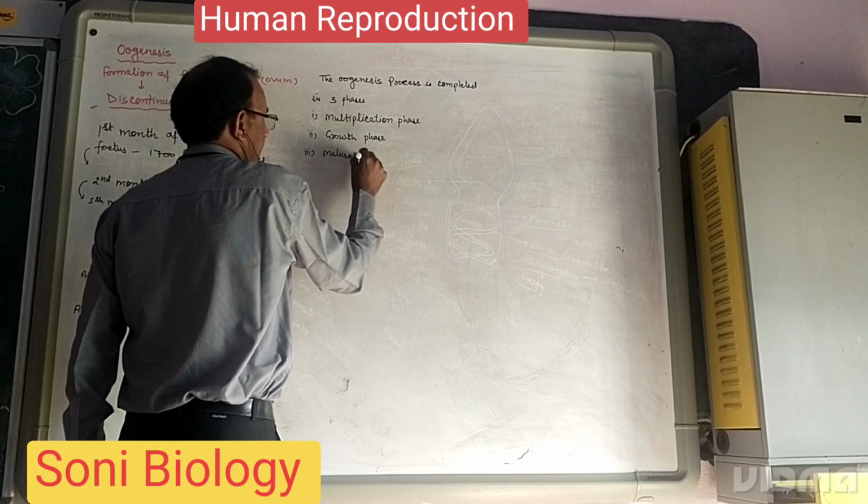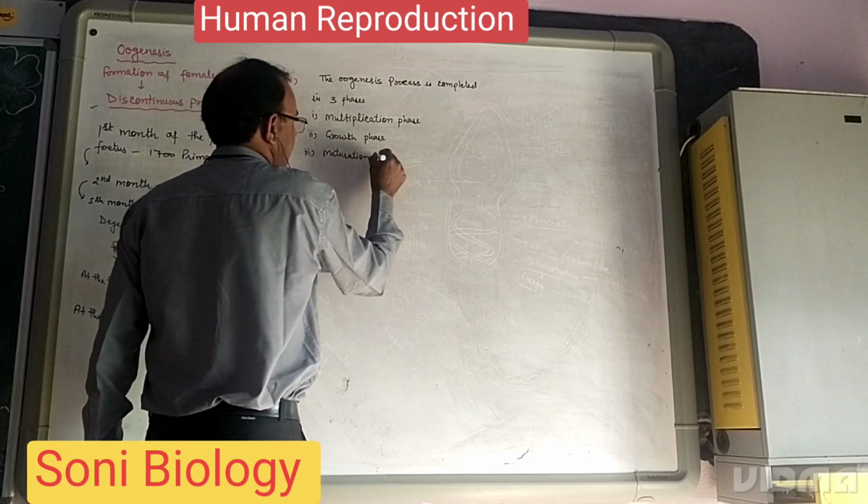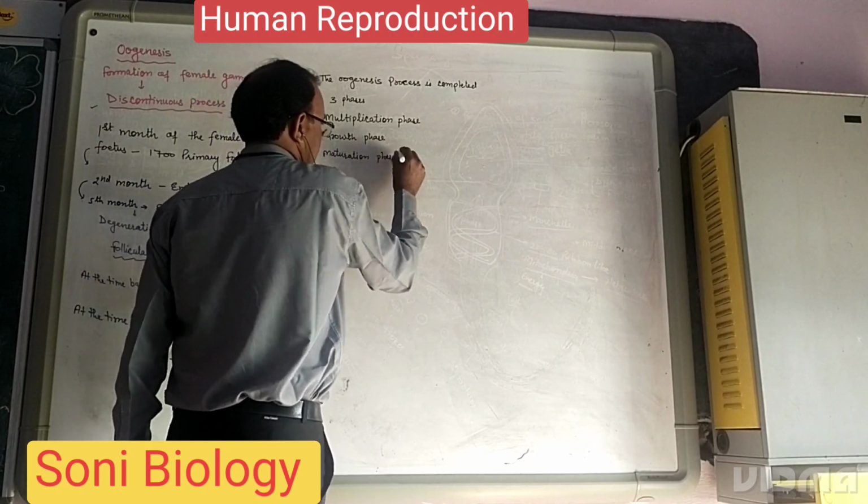Just like spermatogenesis, there are also 3 phases in oogenesis.